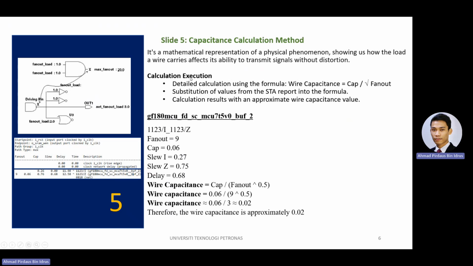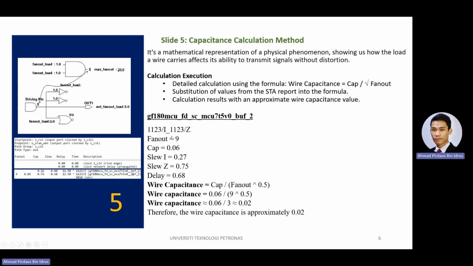And the calculation execution is actually very simple. It is based on the formula: wire capacitance equals the capacitance divided by the square root of the fan out. Then we substitute the values from the STA report into the formula.